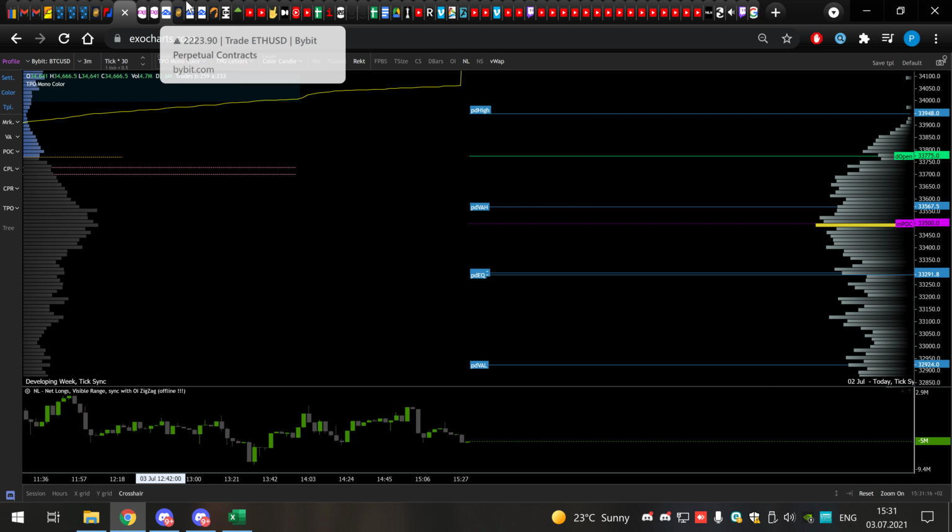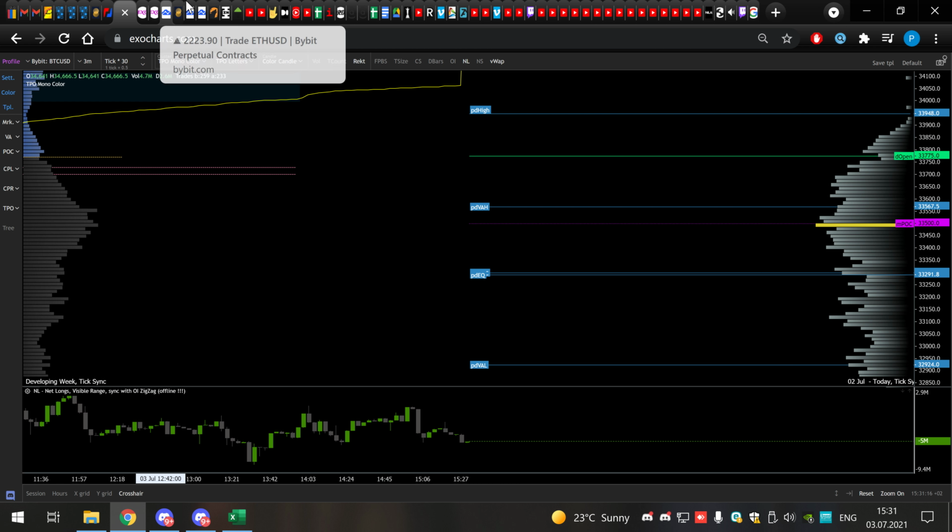Okay, we can add one more range POC, because right now we can see this is the big range of 5 weeks, but we also have a template for this.